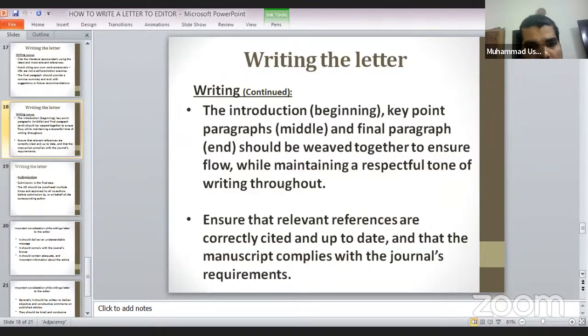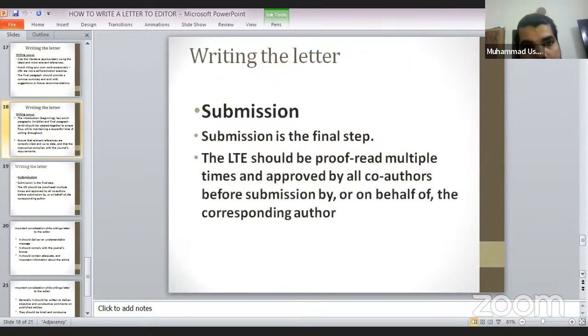And like I mentioned, you should observe the particular style of references decided by the journal. For example, some journals require Vancouver style, some journals require AMA style. So you should check the journal's website, and then arrange your references according to the guidelines of the journal.